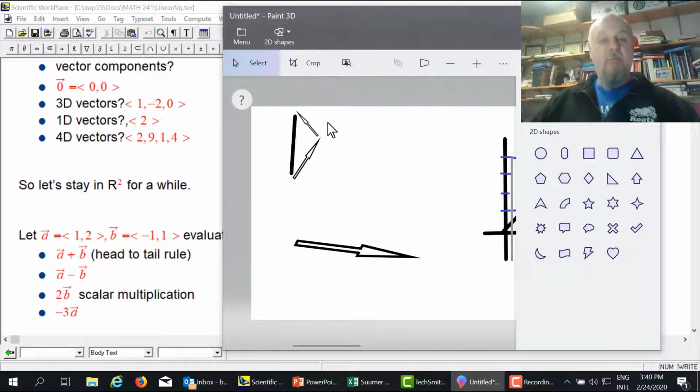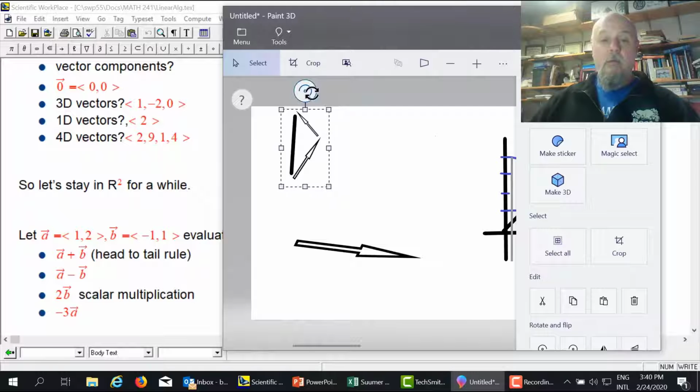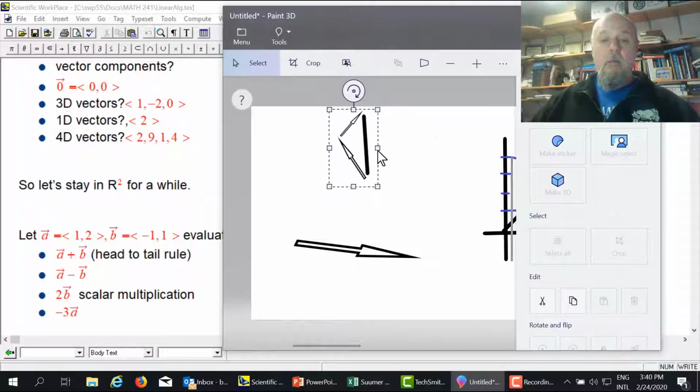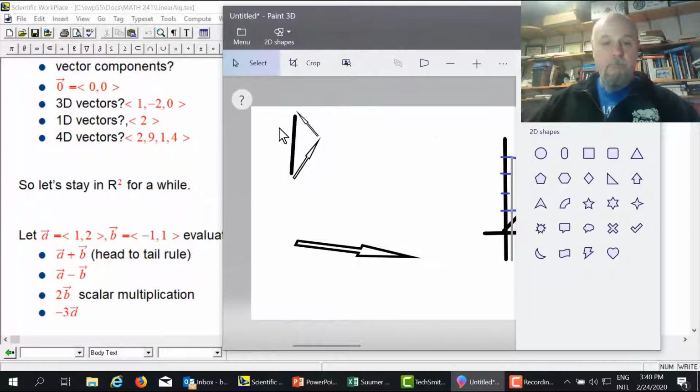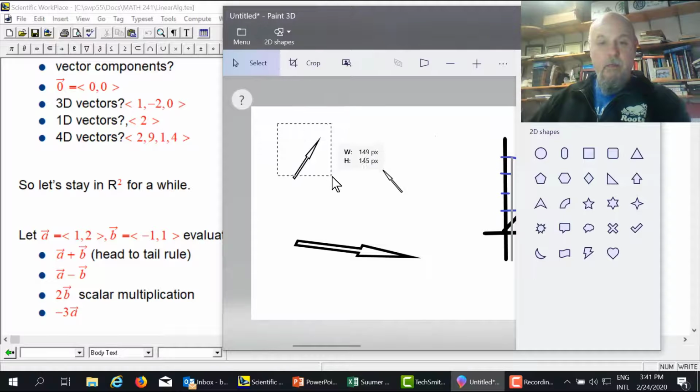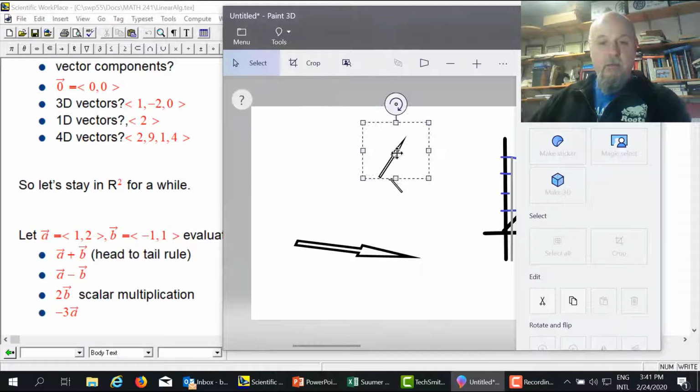Now, I added A plus B, but I could have done it the other way around. I could have added B plus A, like that.